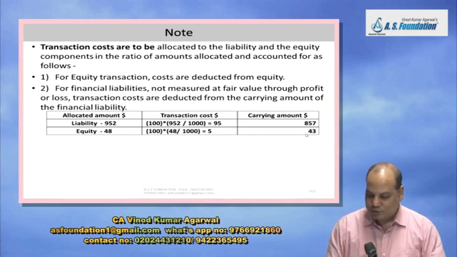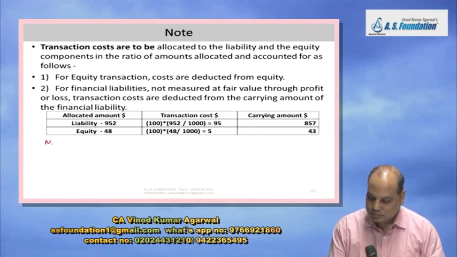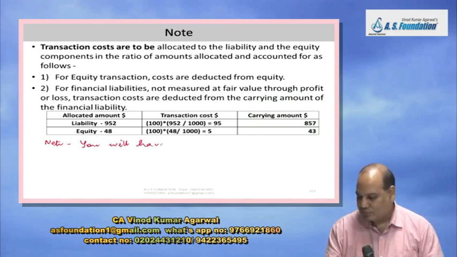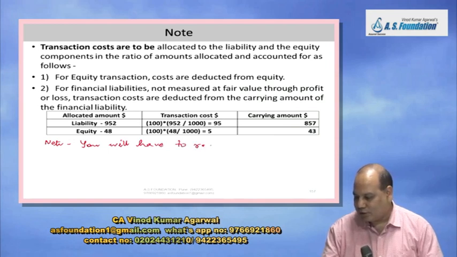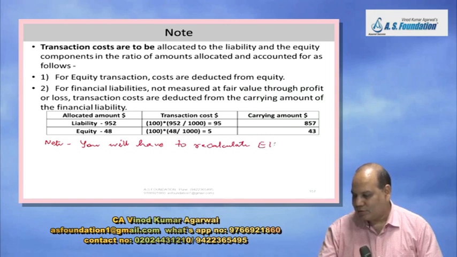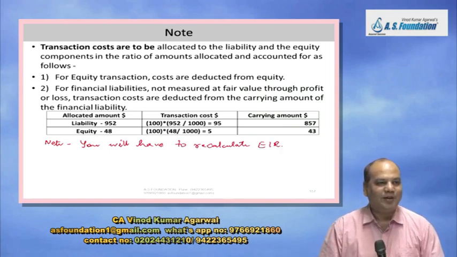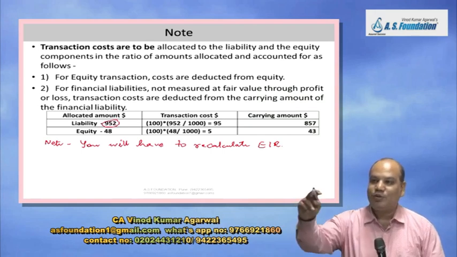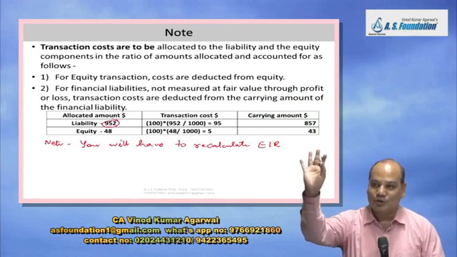But dear student, now the story will change. You will have to recalculate the EIR because your opening balance has changed. If your opening balance was 952, then only after 3 years your account will close.